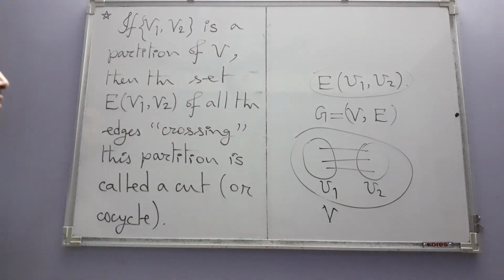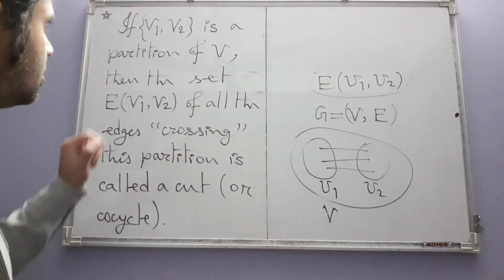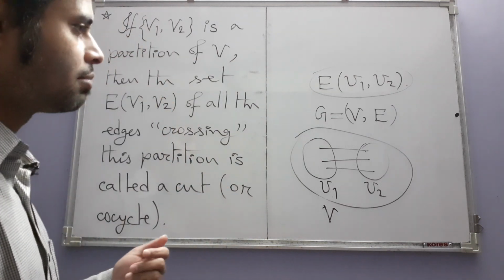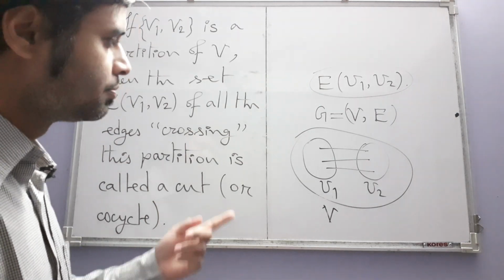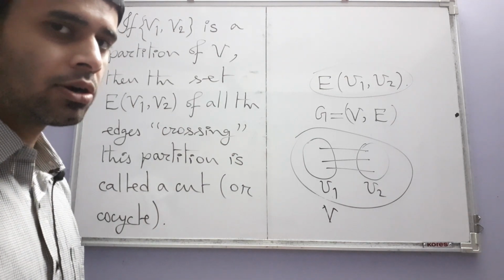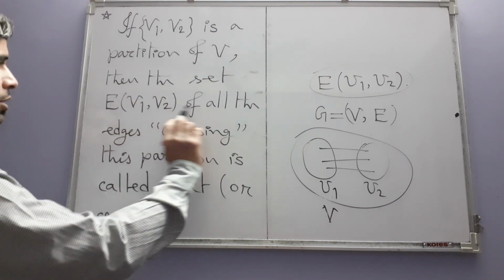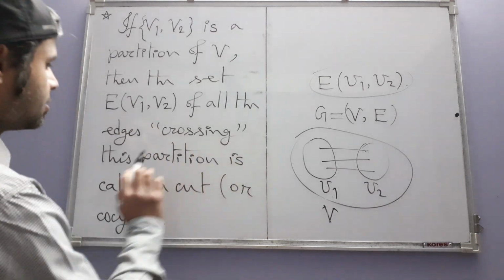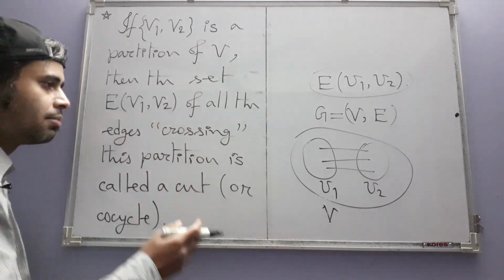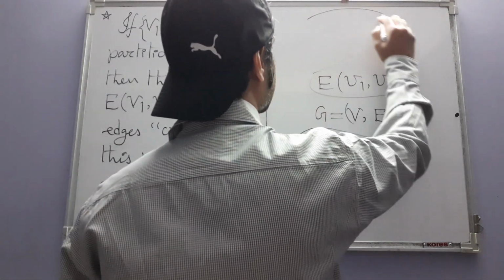So here what we are having is not just any two subsets V1 and V2 of V, but they form a partition of V. That means V1 and V2 are both non-empty subsets of V, their union is V, and their intersection is the empty set, so they do not have any common vertex. In that case, the set of all edges that cross this partition simply means we have edges like this.